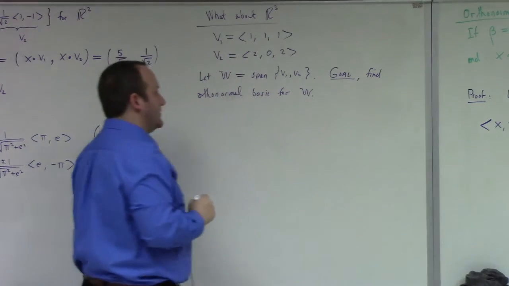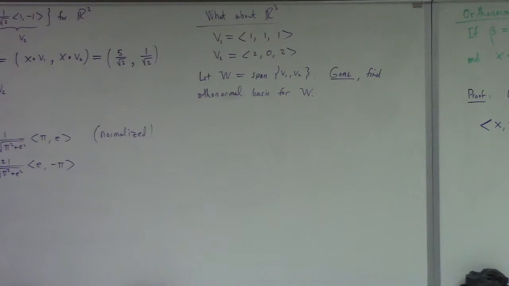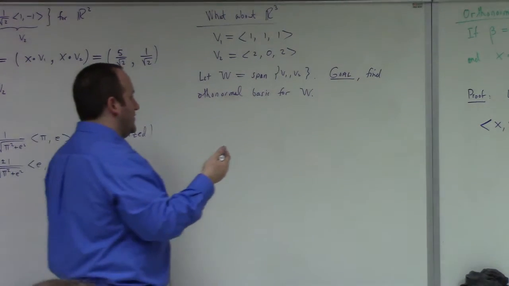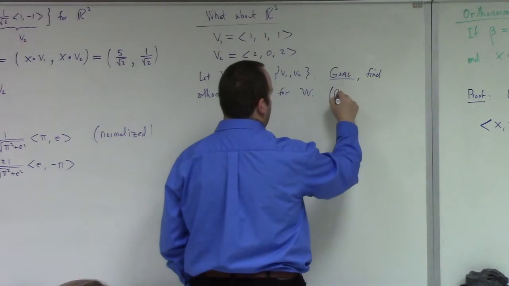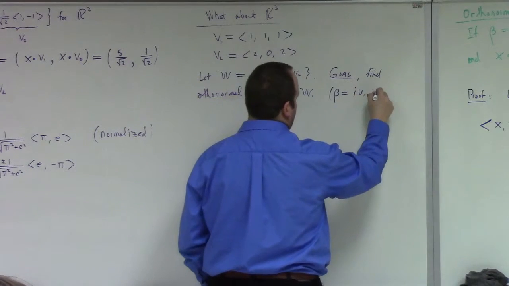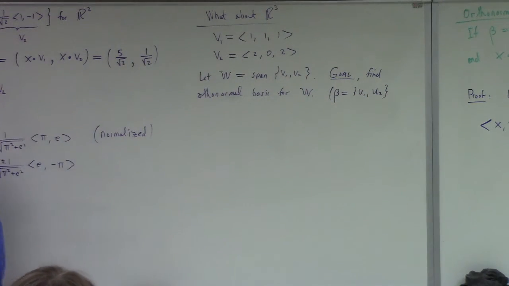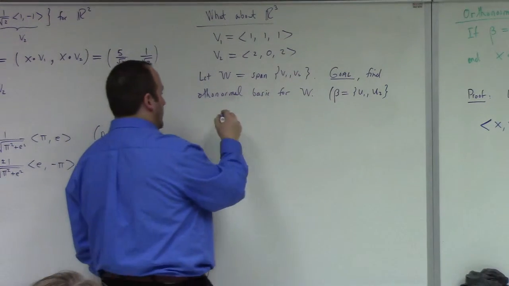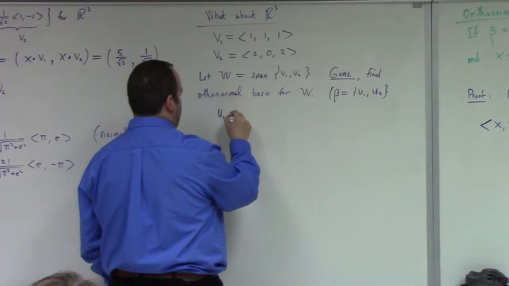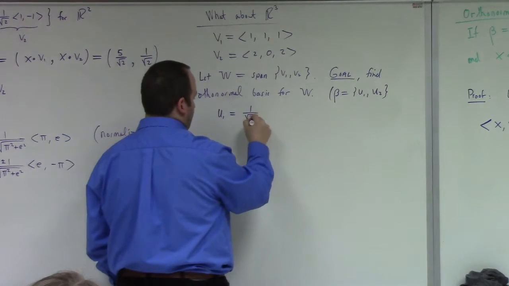So I want to walk you through this. I think the first step we should all appreciate and not be too surprised by. Let's call this orthonormal basis u1, u2. We're looking for beta equals u1, u2, where these are orthonormal. It's an orthonormal basis. So u1, that's obvious what I'm going to do. That's 1 over root 3 times (1, 1, 1).